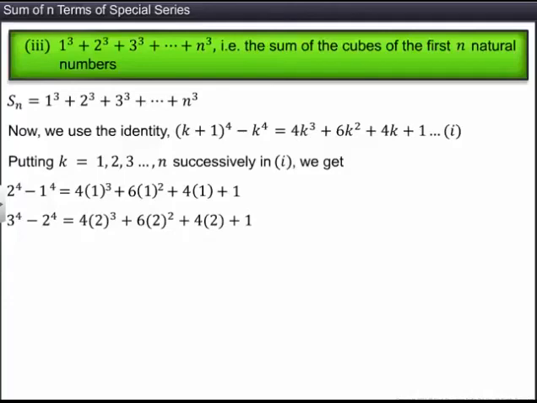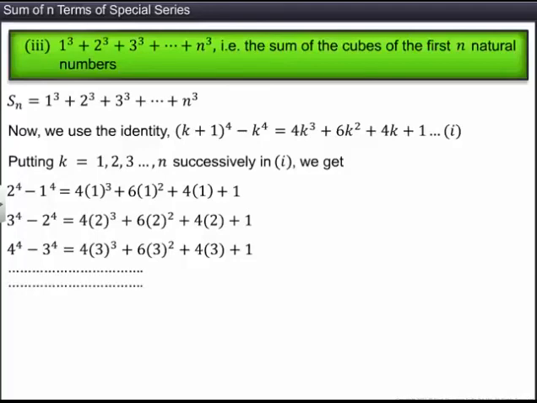And 4 raised to the power of 4 minus 3 raised to the power of 4 is equal to 4 into 3 cube plus 6 into 3 square plus 4 into 3 plus 1. The subsequent terms can be obtained in a similar manner.